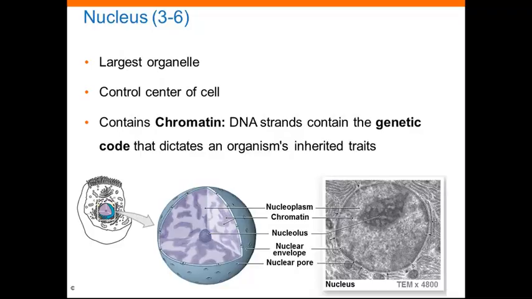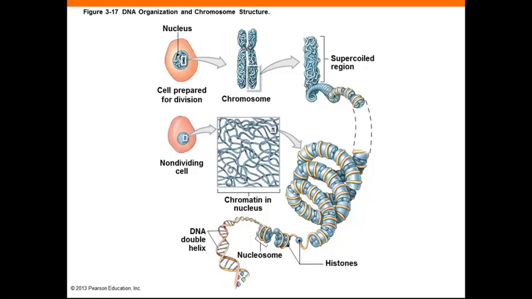Other important structures in the nucleus include the nucleoli, which functions to synthesize that ribosomal RNA, also called rRNA. And the nucleus is the site for chromatin, which is the DNA strands that contain genetic code and dictate the organism's inherited traits. So let's take a look at that.